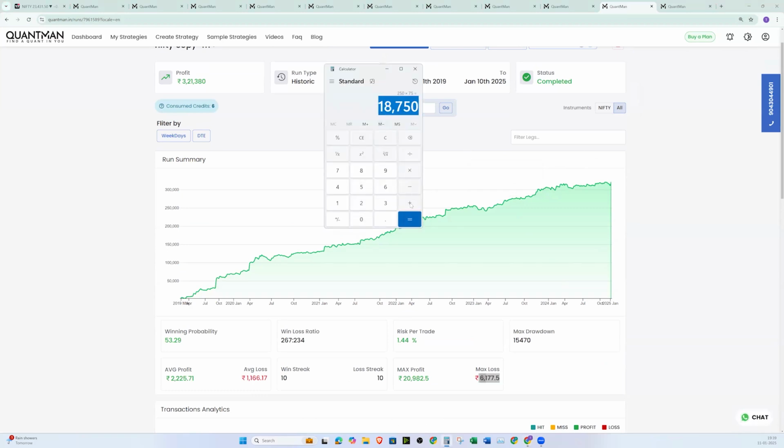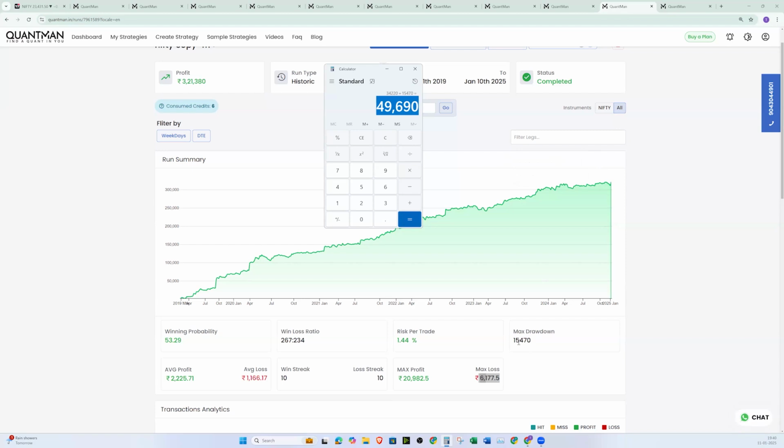With that 18,000, I add this drawdown, 15,470. We personally take 2 times the drawdown, because these are backtested data. From that backtested data, we don't know whether the same drawdown will happen or an even higher one. So as a precautionary measure, we put 2 times the drawdown shown in the backtest.